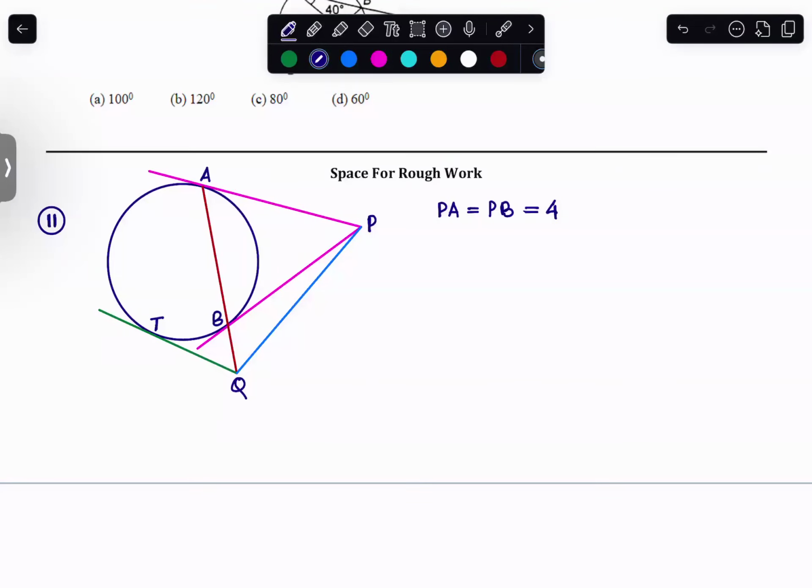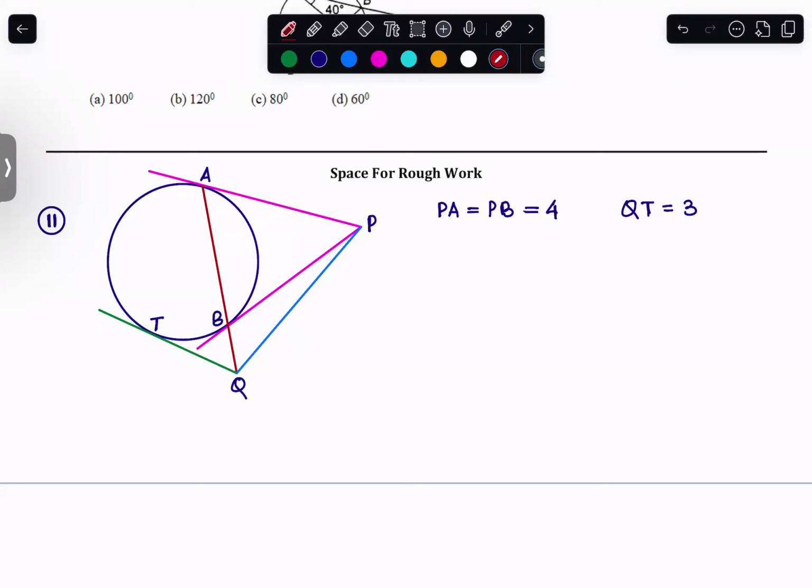Okay. And as per diagram, QT is 3 units. Is it okay? Yes, sir.